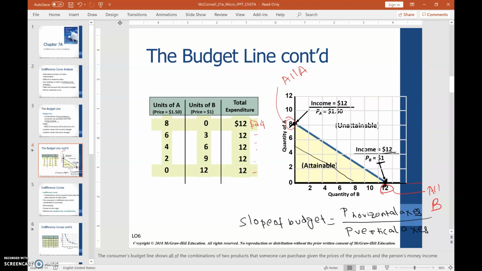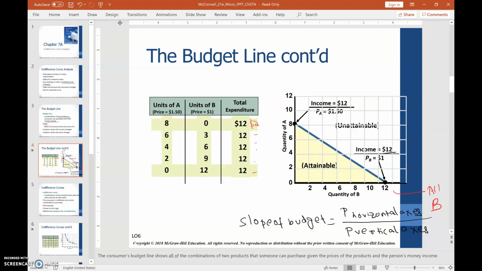This axis will be 24, and this one will double as well, and this one will be 16. So if the income increases, the budget line shifts to the right. We can also do it for income decrease. If the income decreases, the budget line will shift to the left.